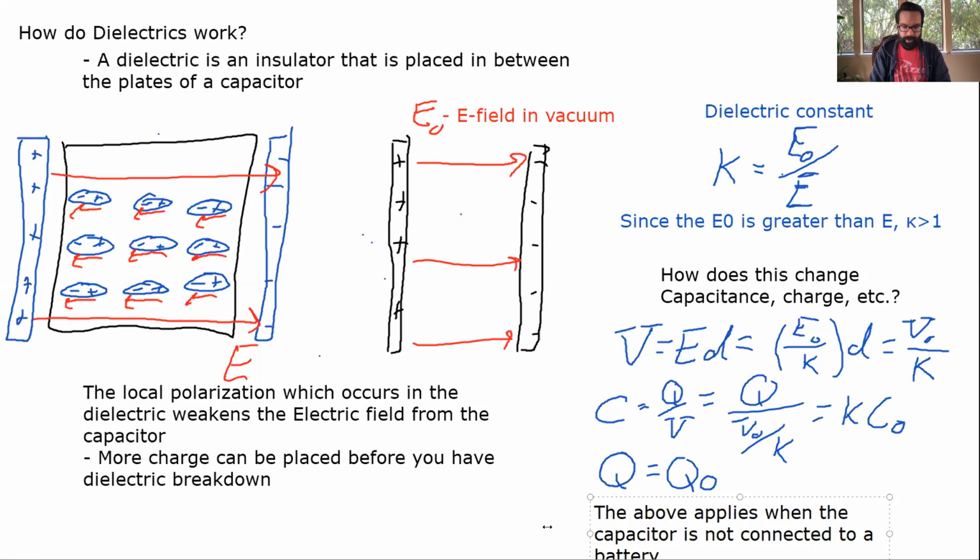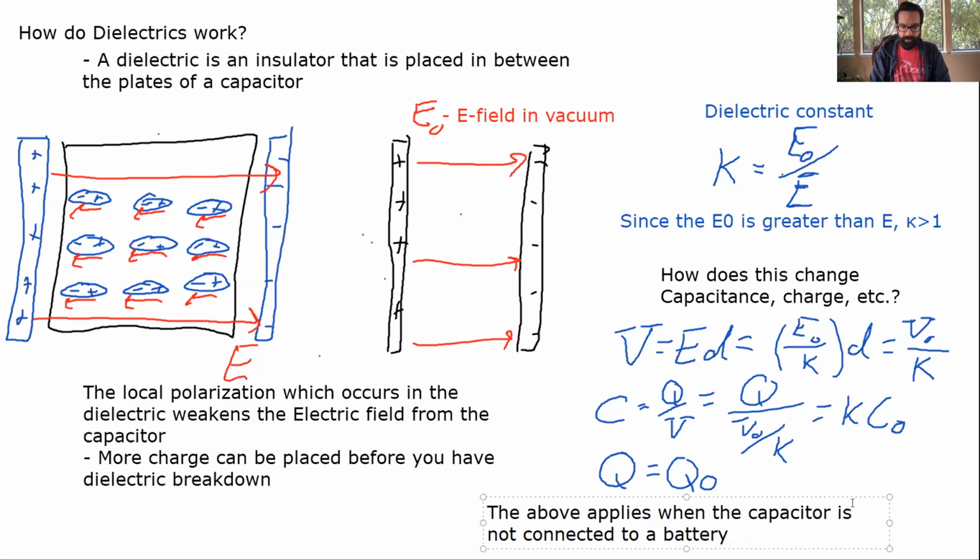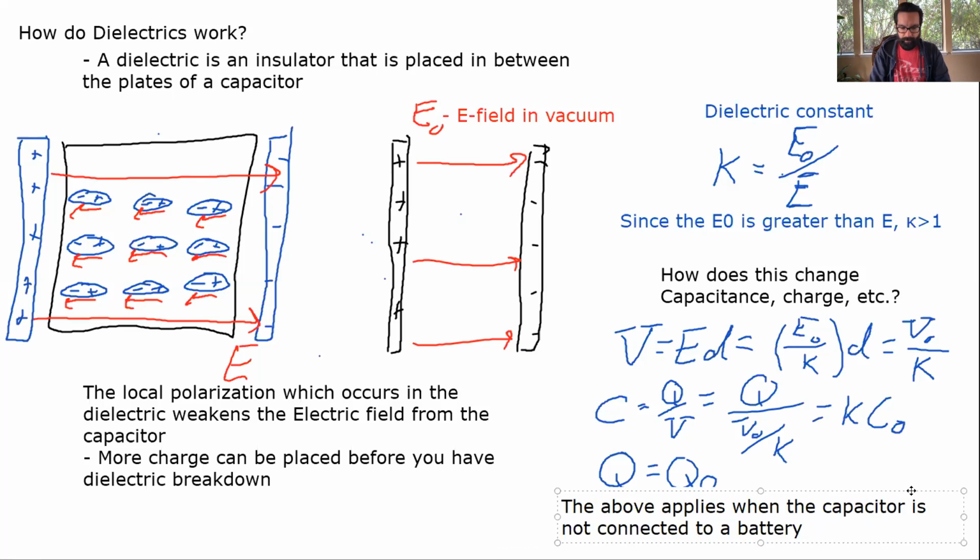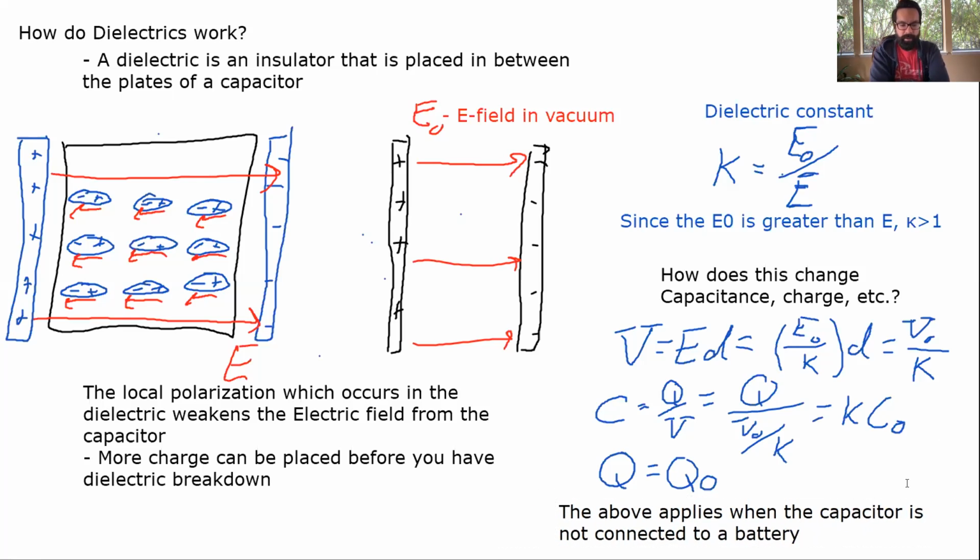So this is when you have a capacitor not connected to anything else. You get voltage decreases, capacitance increases, and charge stays the same.